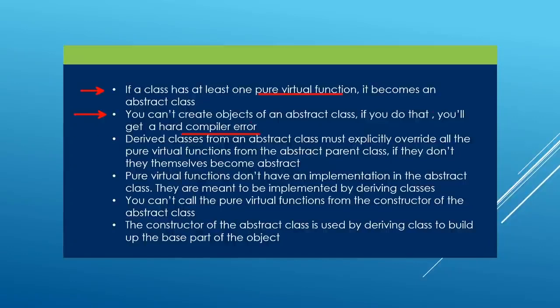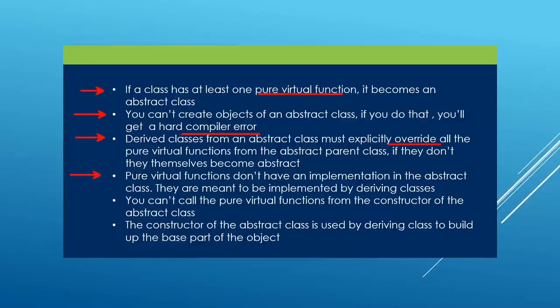Another thing I don't think I made super clear is that derived classes from an abstract class must explicitly override all the pure virtual functions from the base class. If you leave in any pure virtual function that you don't put an implementation in for, your derived class is also going to become an abstract class, and you can't create objects of it. You need to keep this in mind.